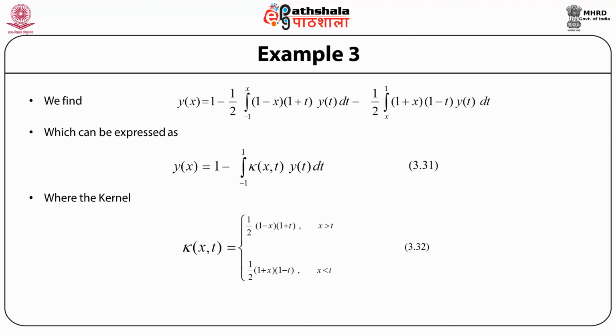Thus, we get the corresponding Fredholm integral equation, namely y of x is equal to 1 minus the integral from minus 1 to 1 of dt of the product of the kernel k of x and t into yt, where y is the unknown and the kernel k is defined as we have seen.